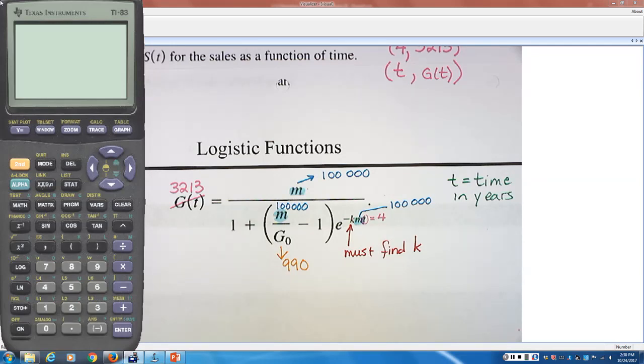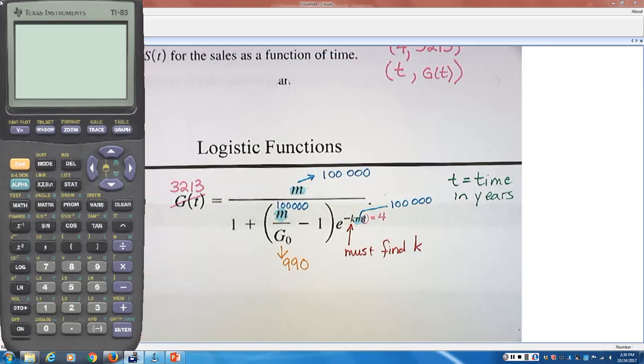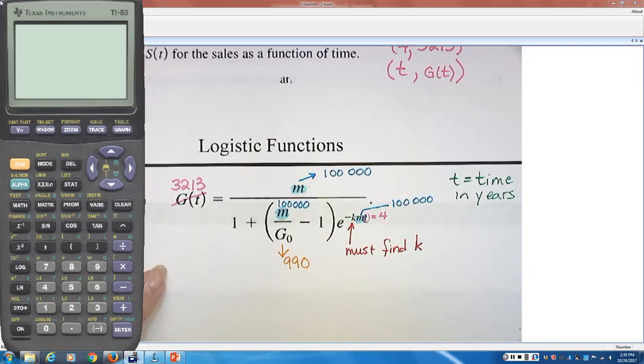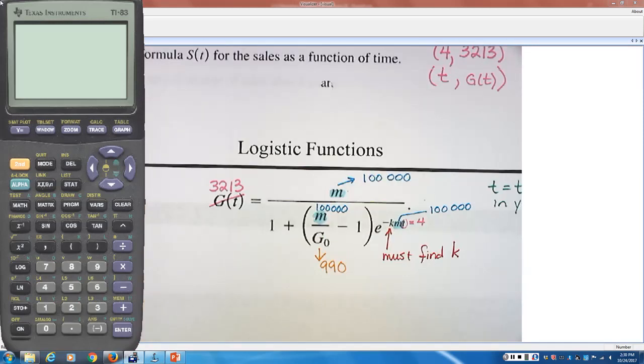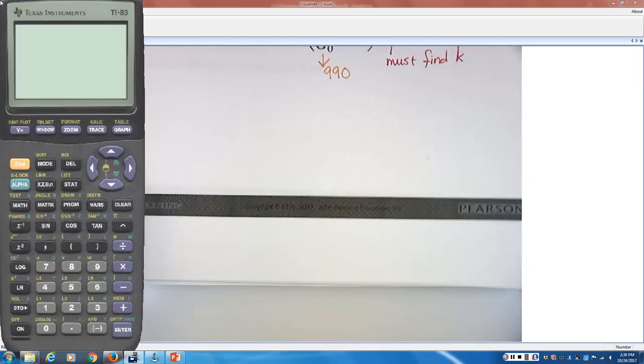Okay, so let's see if we can finish up this formula then. This is what we've got as of right now. I'm just going to scoot this over on top of the rest of it.